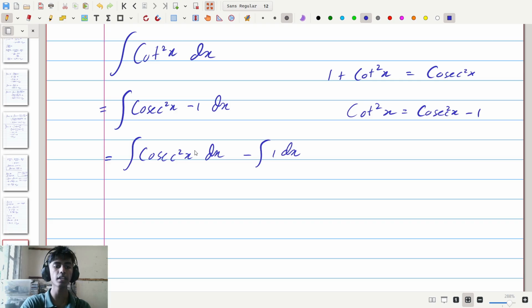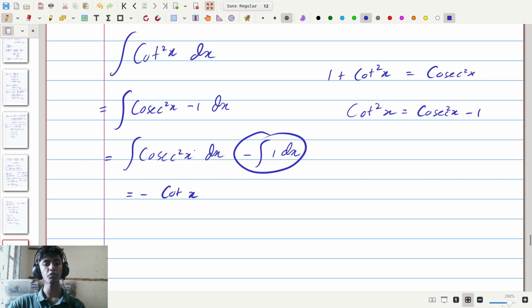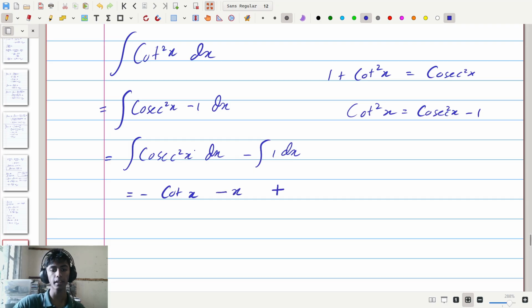From that, we can say that the integral of cosecant squared of x is equal to the negative cotangent of x. As for the next part, negative the integral of 1 with respect to x is going to be negative x, and then of course we have to add the constant of integration. Therefore, the integral of cotangent squared of x with respect to x is equal to the negative cotangent of x minus x plus c.